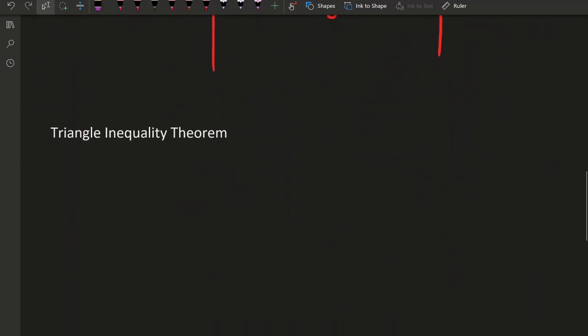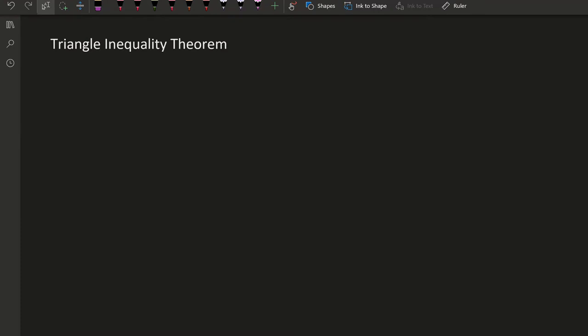Okay, so real quick, there's a theorem that we covered previously that I wanted to bring up because it's going to be important here. The triangle inequality theorem. And this has to do with what types of sides can actually make a triangle. So if I have any three sides, like 3, 4, and 5, can I make a triangle with them?